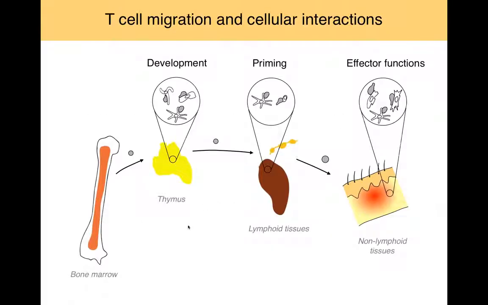And just to give you a little bit of background to our studies, as the immunologists among you may know, T cells are very migratory cells in the adult mammalian organism.